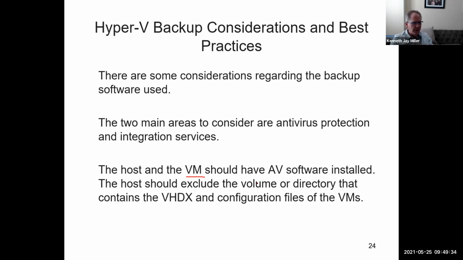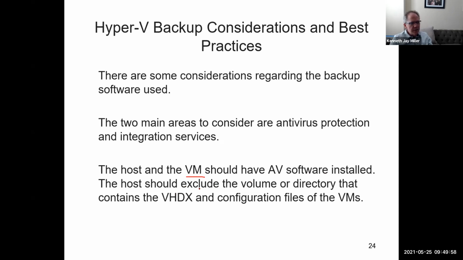I don't think it's on by default, but once you go in and turn on ransomware protection, you're protected from someone coming in and hacking your machine and encrypting everything, and then saying, if you want it back, give me a Bitcoin, which now is $40,000. So the host and the VM should have AV installed.